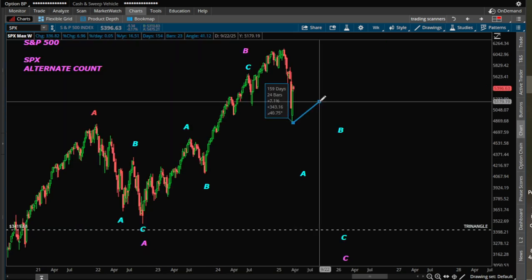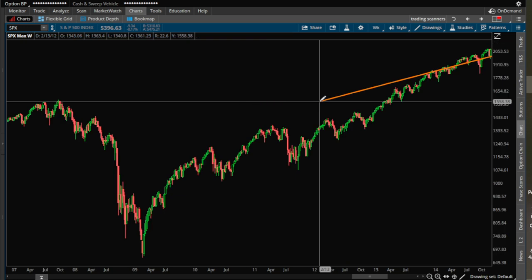So yeah, triangle pattern probably. Let's try this one more time. Triangle pattern here, and then we come down for A, and that first A is at 41.68.